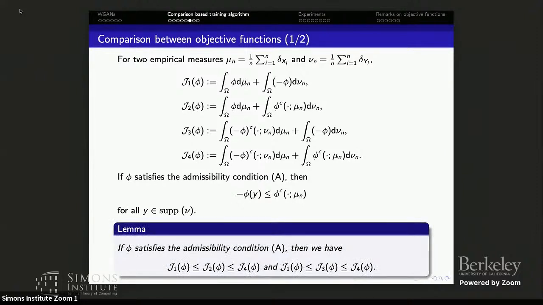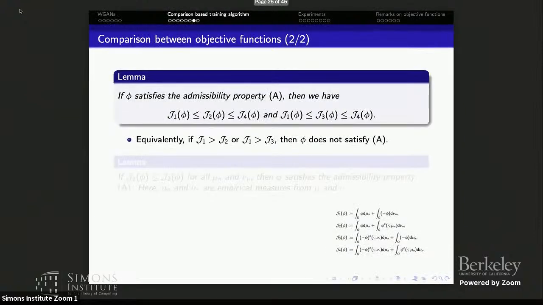Then that means it is clear that we can compare J1, J2, J3, and J4 as follows, because it is enough to compare. For instance, when we compare J1 and J2, it is enough to compare minus phi and phi C. Equivalently, this lemma means that if J1 is greater than J2 or J1 is greater than J3, then phi does not satisfy the condition.